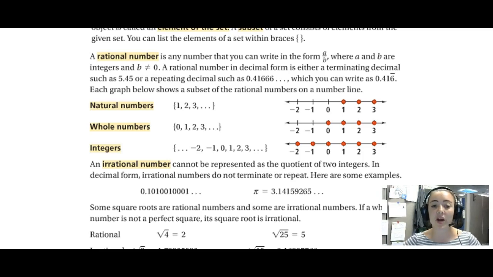Once you have an idea of rational numbers, that's a subset of real numbers, but it's a pretty large subset. And there are subsets within rational numbers. One that's mentioned is natural numbers. I've heard that rephrased as counting numbers before. So it's 1, 2, 3, 4, 5, continuing on and on. Whole numbers are all natural numbers, and then it also includes 0. So natural numbers do not include 0, whole numbers do.